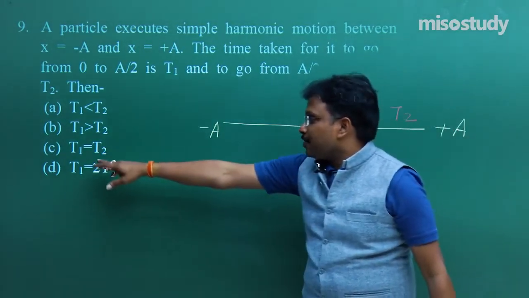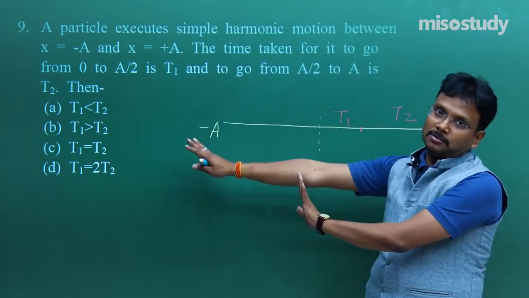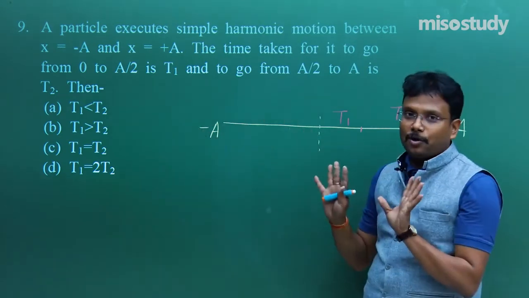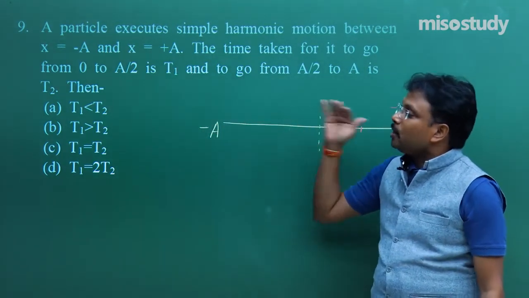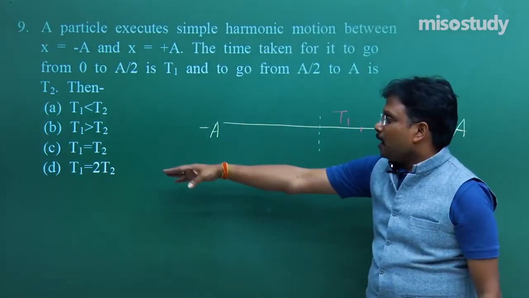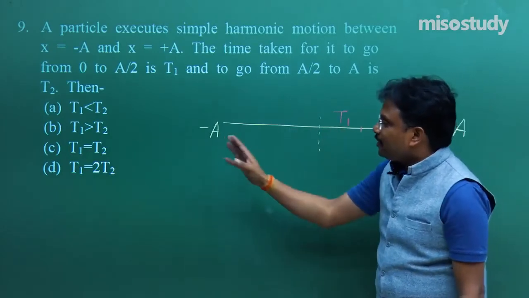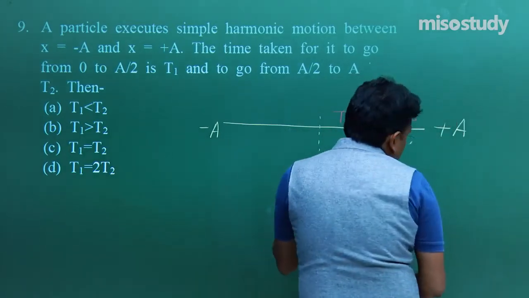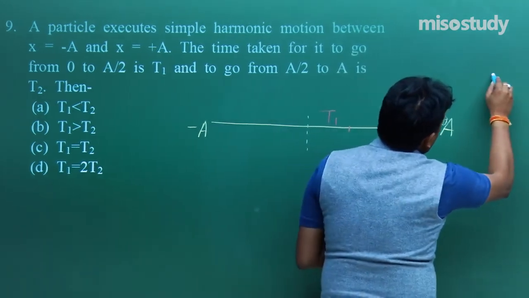So the equal to terms that are going to catch your eyes, please ignore them. This is just to create a problem for you. We have to find out the T1, T2 relation. With the help of this diagram, I would like to tell you a few sentences.